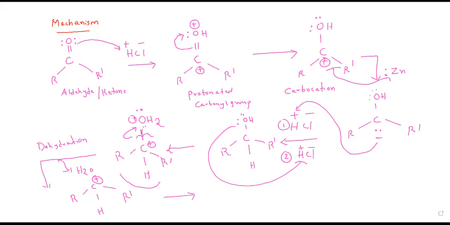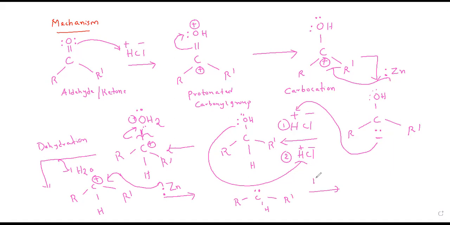I will use zinc, which contains the bonding electrons. These bonding electrons will be shifted to this carbon atom, which has a positive charge. So you will get R, carbon with a lone pair of electrons, hydrogen, and R dash.